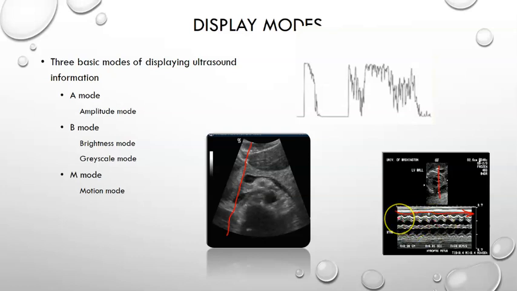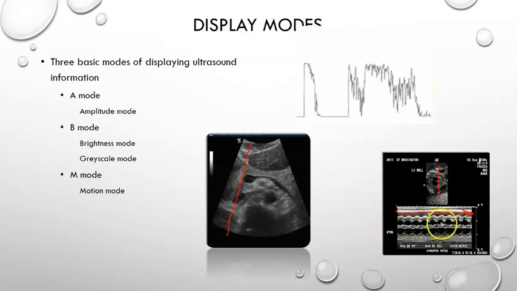So we see the ventricle contractions coming together and spreading apart and coming together. You can actually measure the change in the ventricular diameter along that scan line when you do an image like this.